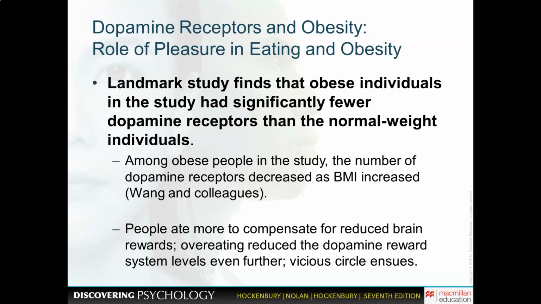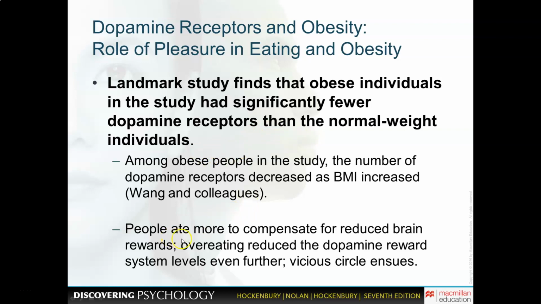Now, another thing when it comes to obesity, there may actually be different effects in the brain itself, neurologically speaking. Take, for instance, dopamine receptors: in obese individuals, dopamine receptors can be significantly fewer in number than in normal weight individuals.